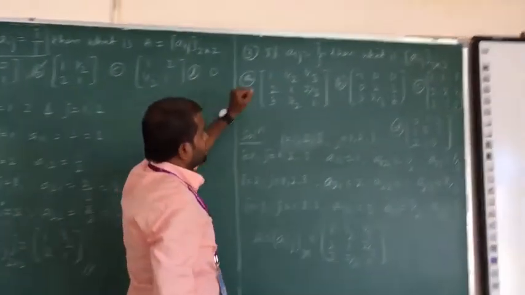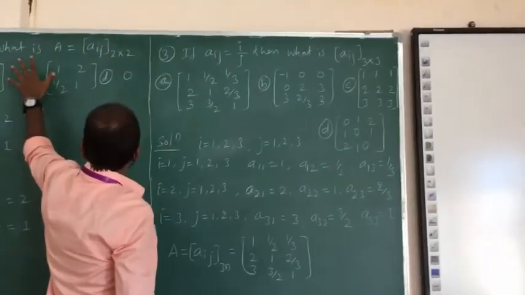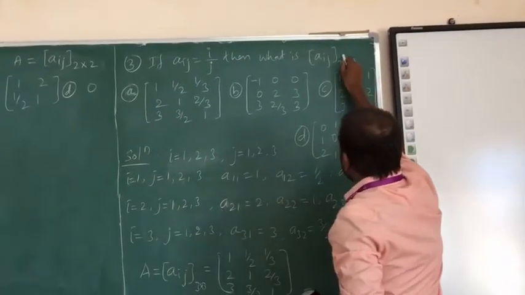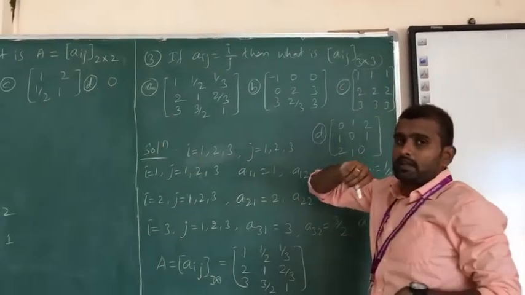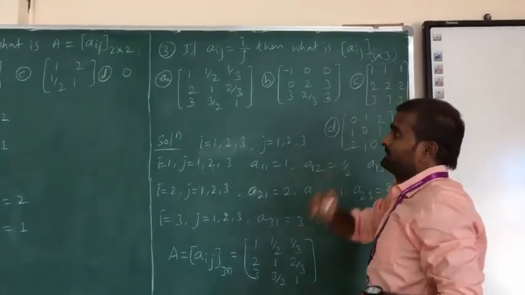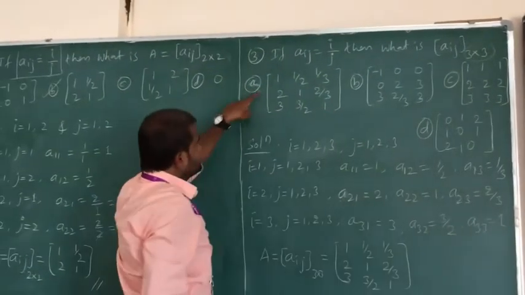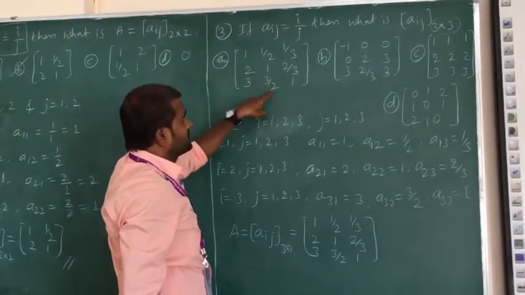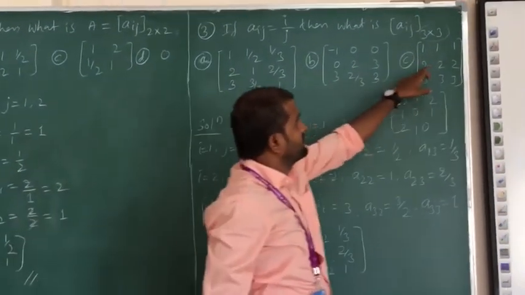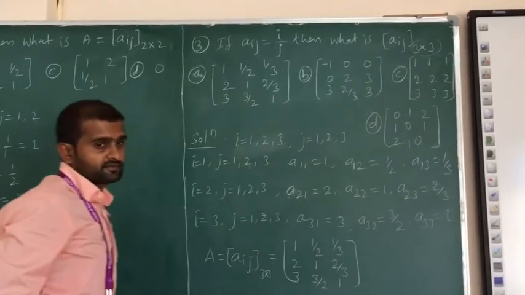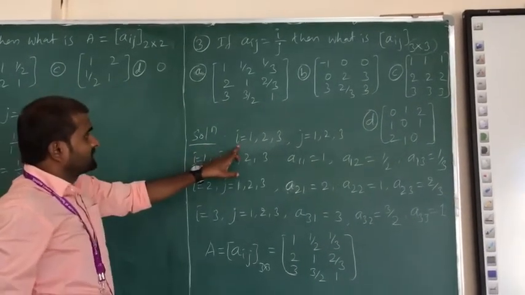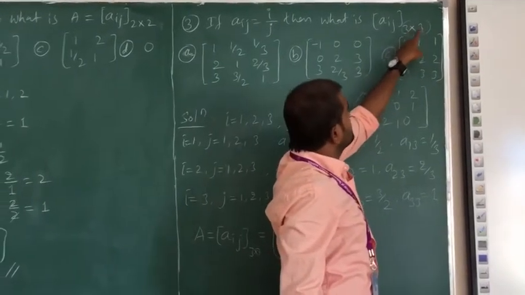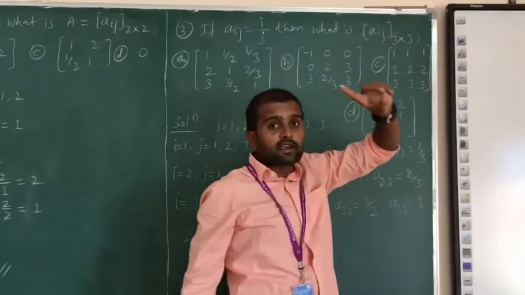Similarly, same expression, second example, but what is the value for order 3? The matrix is of order 3 by 3, and we have different options. Now the solution: 3 by 3 means 3 into 3, so there are a total of 9 elements.